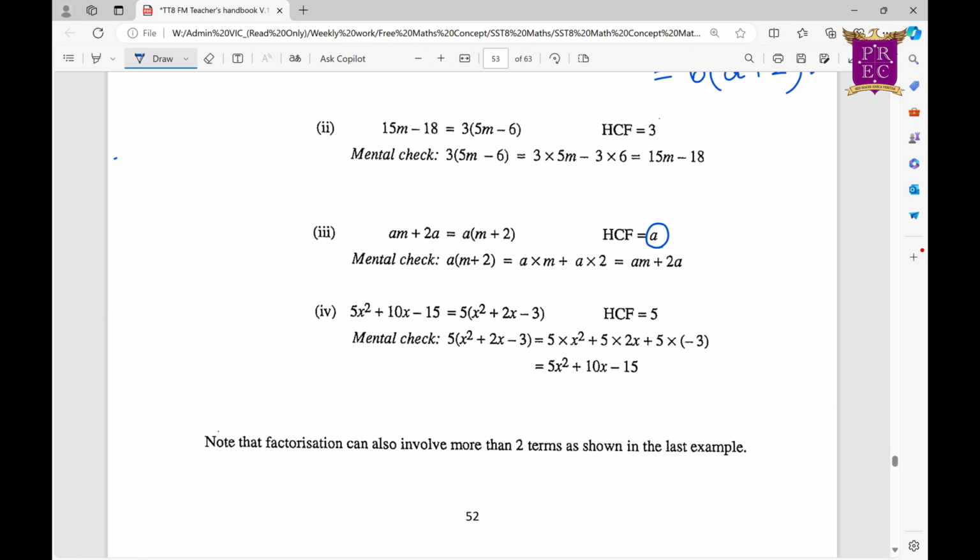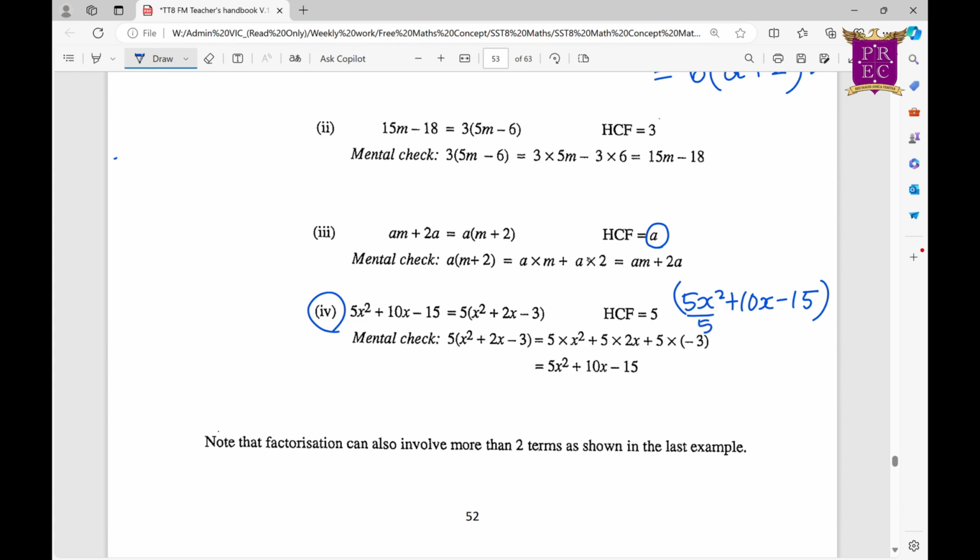And you can even factorize expressions that have more than 2 terms, like in example 4, because if I'm given 5x squared plus 10x minus 15, and I just put brackets, you'll know just by glance that 5, 10, 15 are all multiples of 5. And so your highest common factor would be 5.